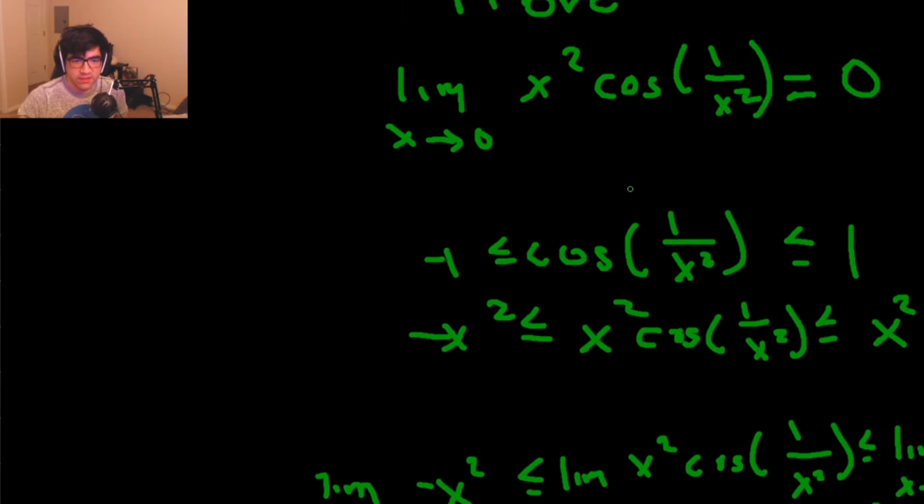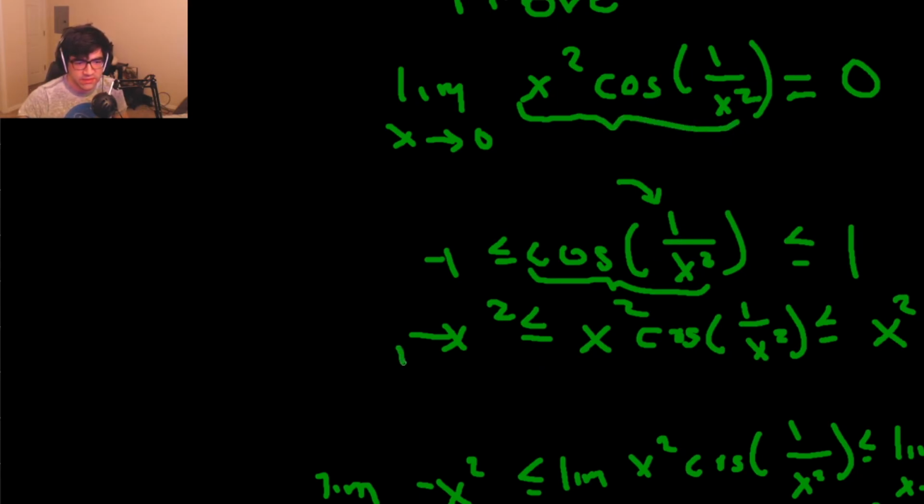The cosine function, regardless of what's inside the argument, is always going to be between -1 and 1. Using that inequality, we multiply everything by x squared because that's what the original function has.